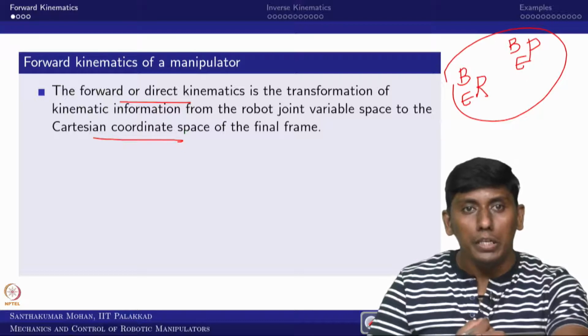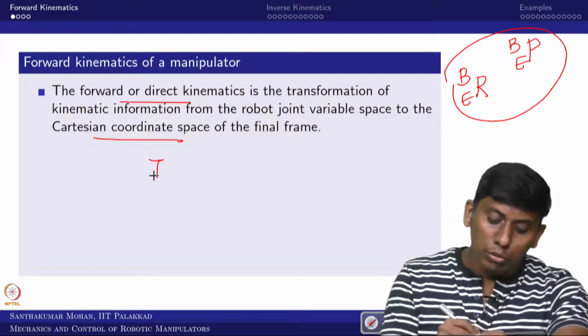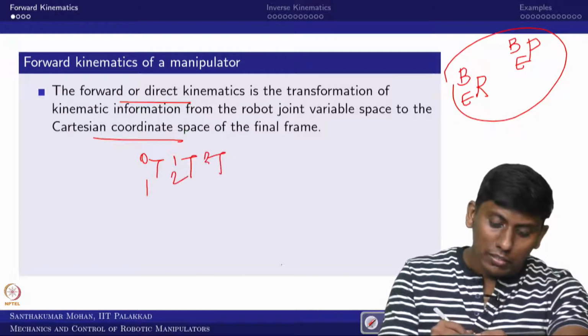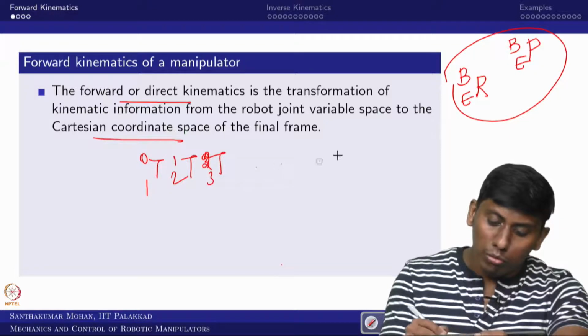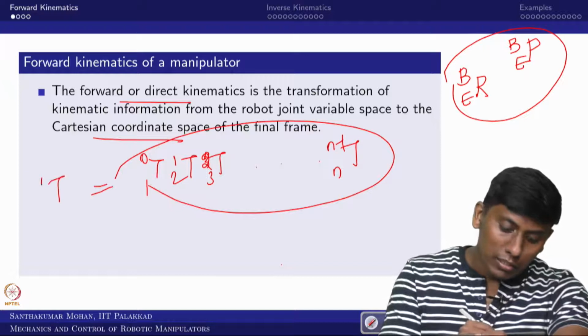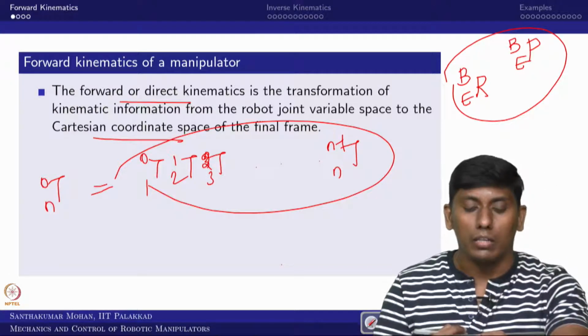For that, what we already know is, if you know the individual transformations, then you multiply them. You can see that from n minus 1 to n, you will get T 0 to n. That is what we are trying to find.